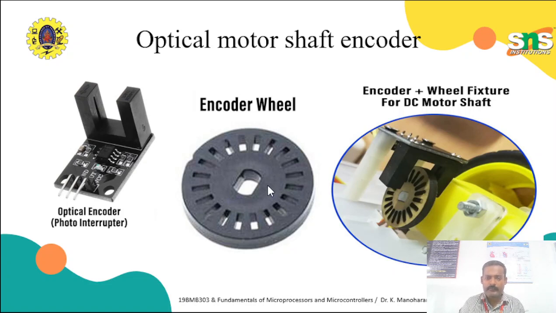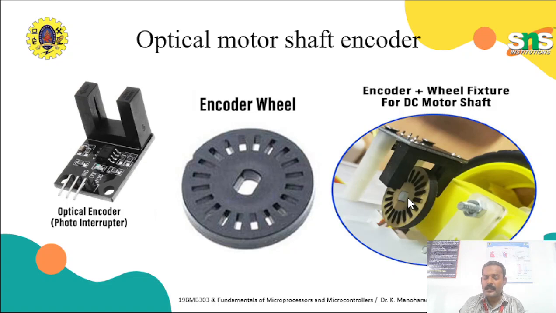Look at how it will be interfaced. This is the wheel, and this is the motor. The rotor will be connected to this shaft encoder wheel, and the optical encoder is fixed above it. If the wheel rotates, for each opening a pulse will be counted.